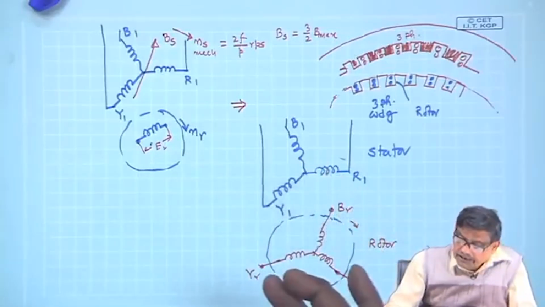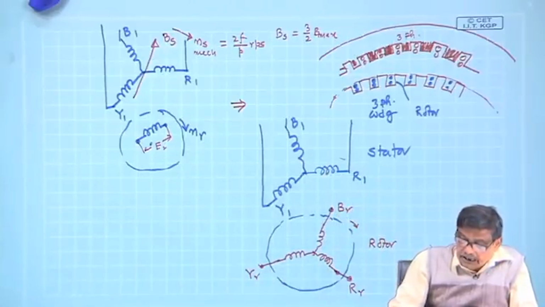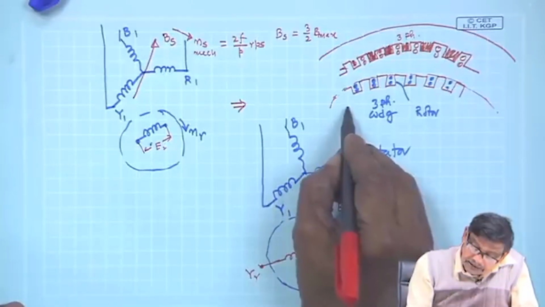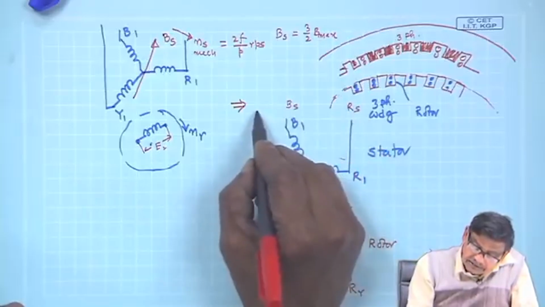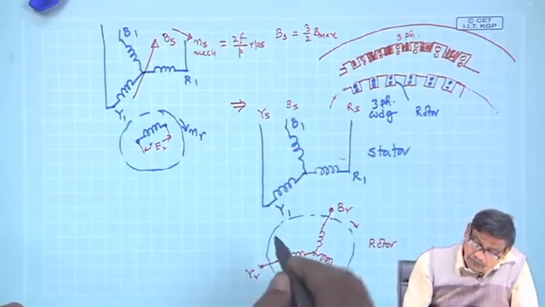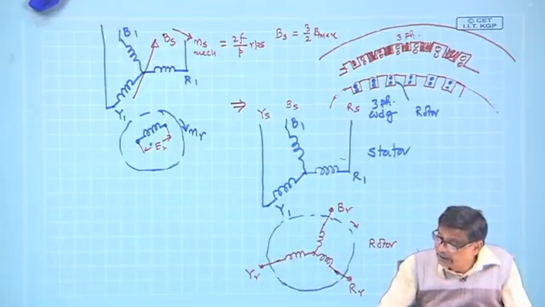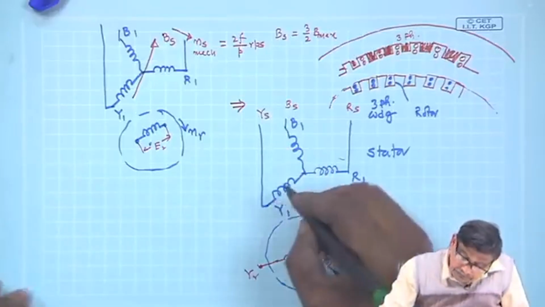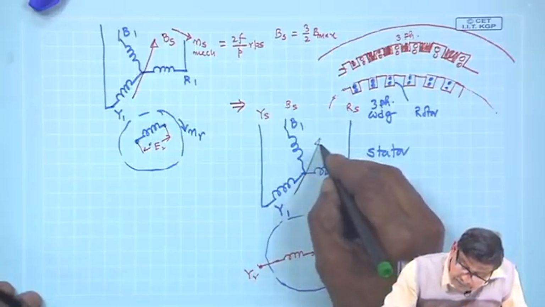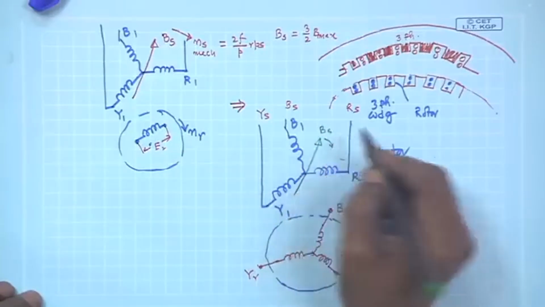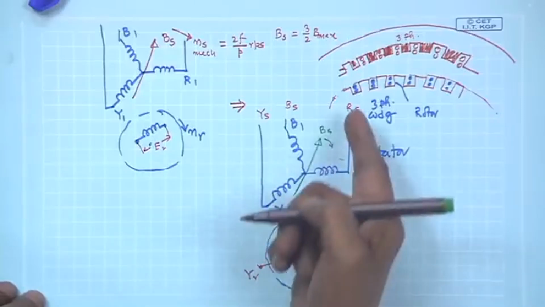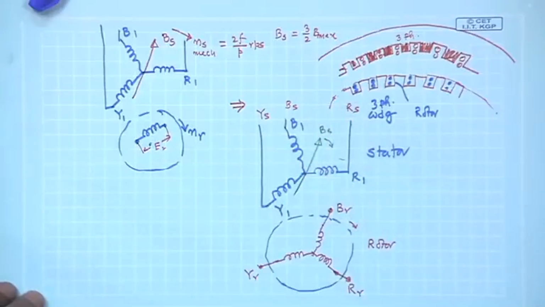With rotor terminals open circuited and stator supplied from supply RS, supply YS and supply BS, we know a rotating magnetic field will result, which will be like this, Bs, and it will move in this direction provided phase sequence is RYB.